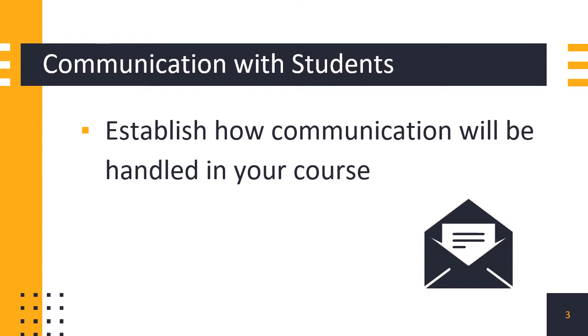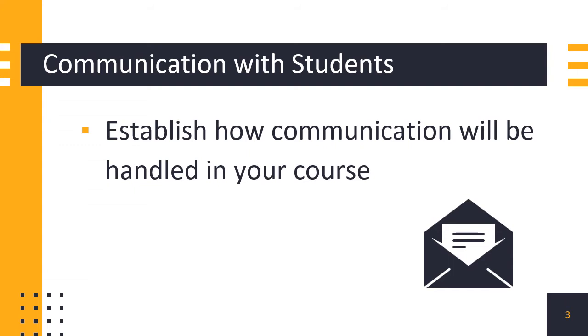So you may prefer for them to use Canvas inbox. You may prefer for them to use university email, and you may prefer to only contact students at their university email. So the students need to know that. And of course, some instructors rely only on formal methods of communication, and some instructors are okay with more informal methods of communication.